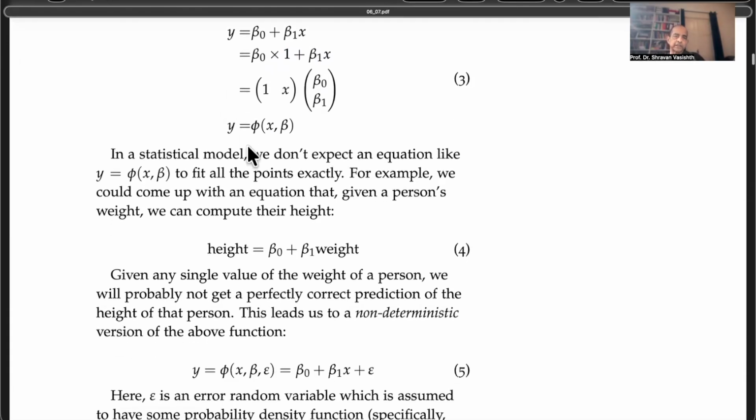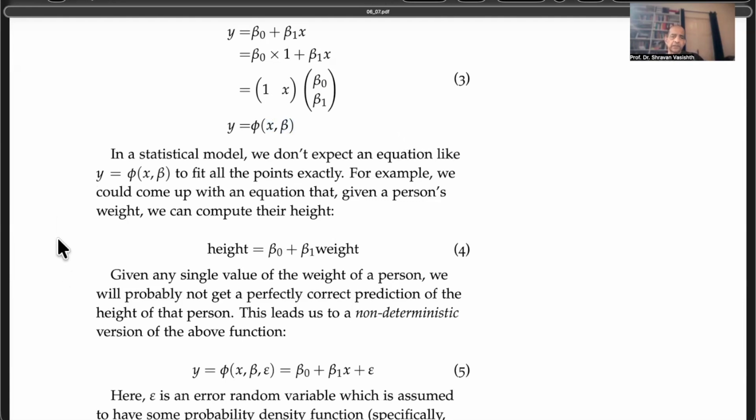So I could more generally say that y is a function of x and beta, where beta is now a vector of parameters, okay? And x would also, generally speaking, be a vector if we have more than one data point.